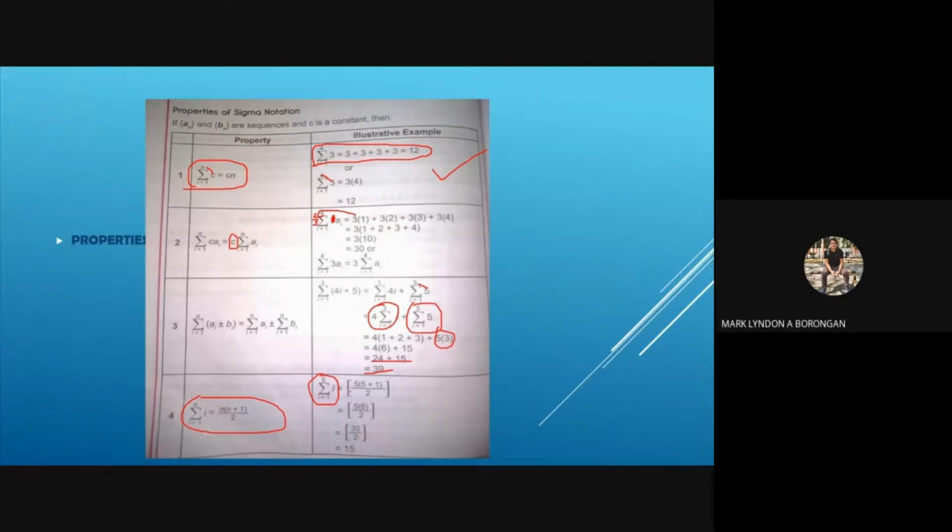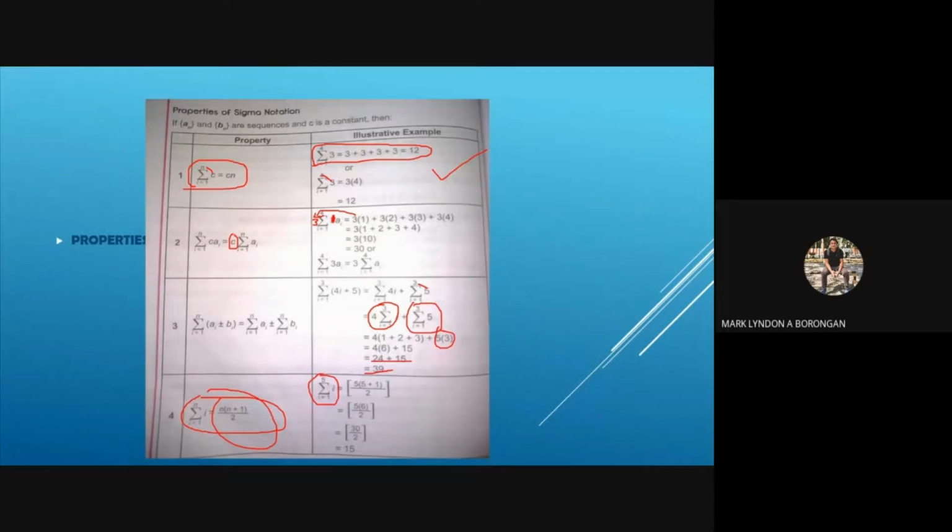So in this fourth property, you have an illustrative example, which is the summation of i from 1 up to 5. All you have to do is substitute the value of i using this formula, n times n plus 1 over 2. Our n here will be our upper limit, which is 5. So all you have to do is substitute 5 for n in n times n plus 1.